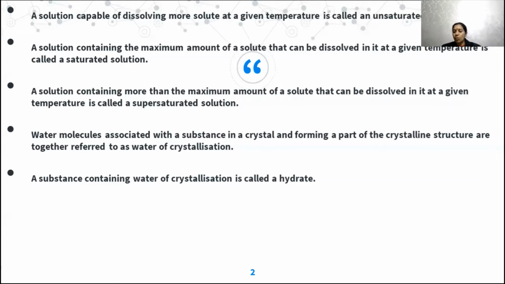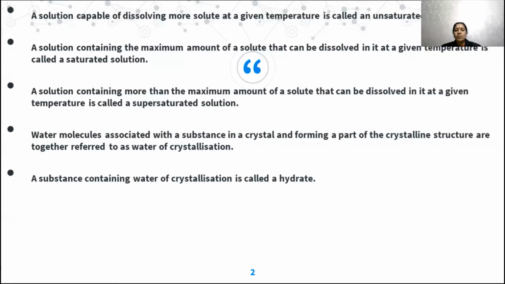Then the next topic is the water molecule. This water molecule is associated with a substance in a crystal and forms a part of the crystalline structure. Together, this is referred to as water of crystallization.